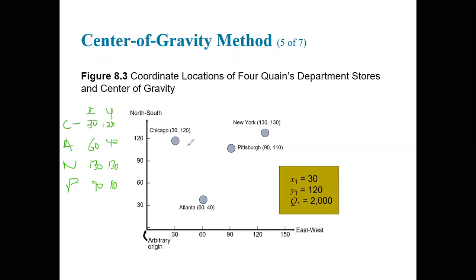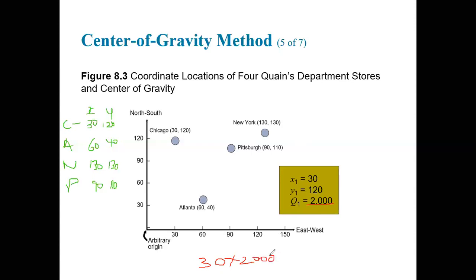So we know that to Chicago, from the table we had there, there was a total of 2,000 tons of product, I believe it was tons, going to Chicago. Okay, so we have 2,000 tons of product going to Chicago. I'm going to multiply that distance of 30 miles times 2,000.